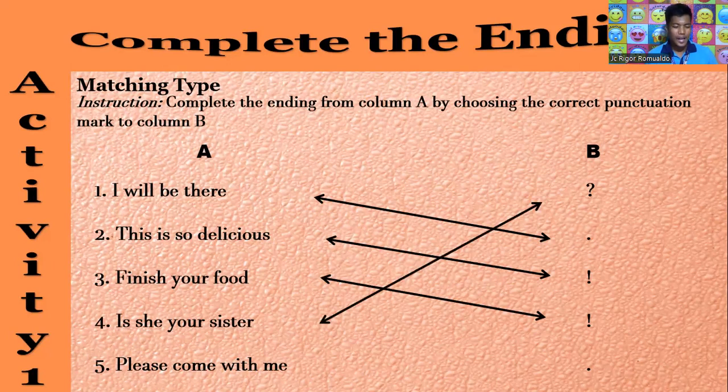So last, who wants to answer? Yes, Muska. Please come with me. Okay, very good. So as we go along with this topic, you will find out how these sentences come up with these answers. Are we clear? May we proceed to the other activity?